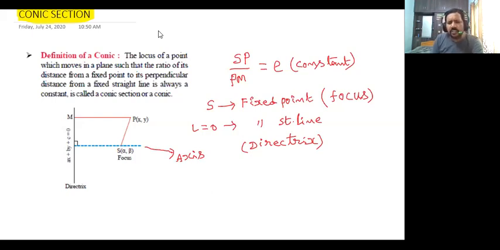And the fixed constant E is called eccentricity. Okay. This is the definition of conic sections.